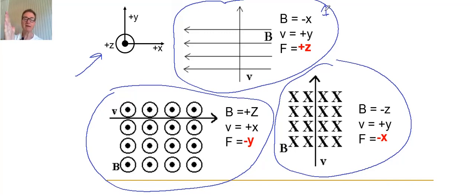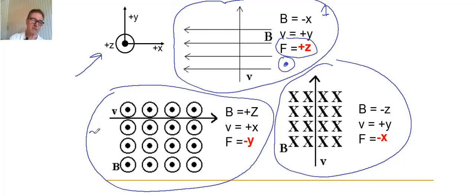So I'm going to point my palm to the left. And my thumb, therefore, is forced to point out of the page at me. And so what's the direction of the force? The direction of the force is in the positive z direction. It's going to be coming out of the page, and I would depict it like that. That would be the force in this case. We're given the velocity, we're given the magnetic field. We can get the direction of the force.